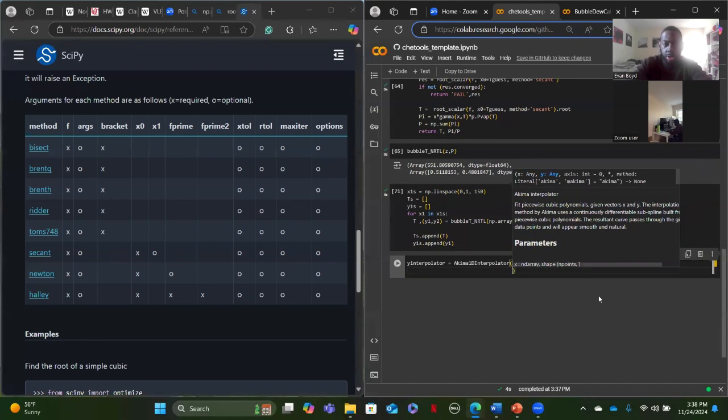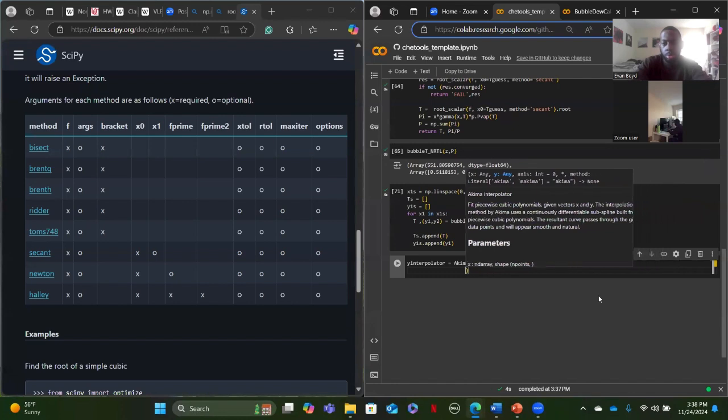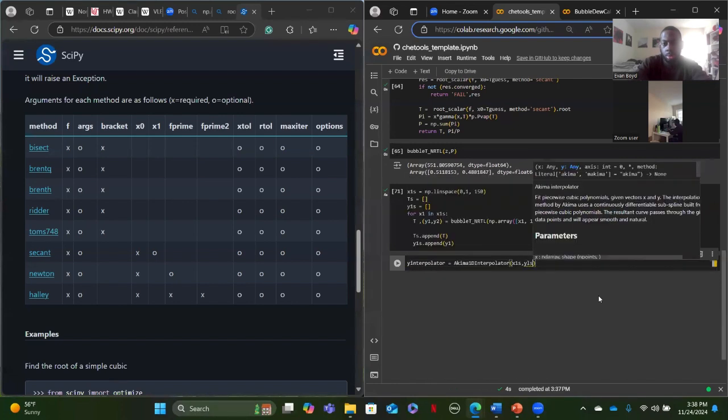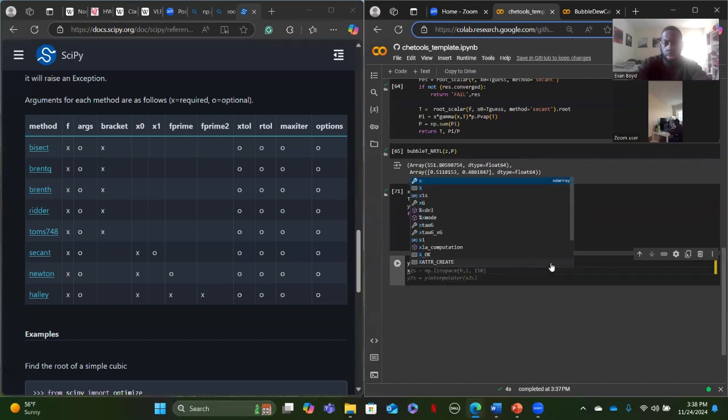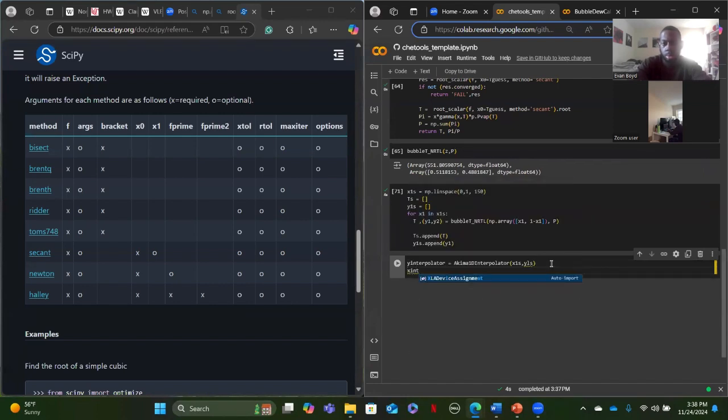And then we'll do the same thing for our X interpolator, equal to Akima.